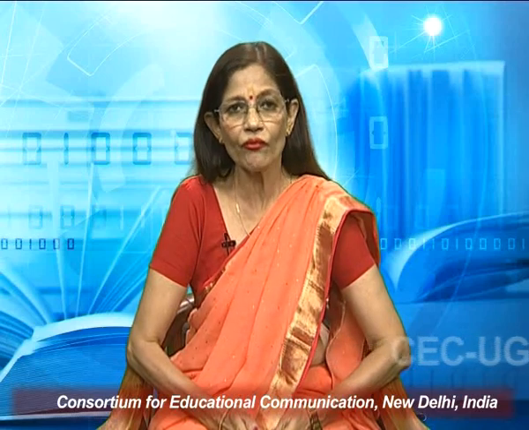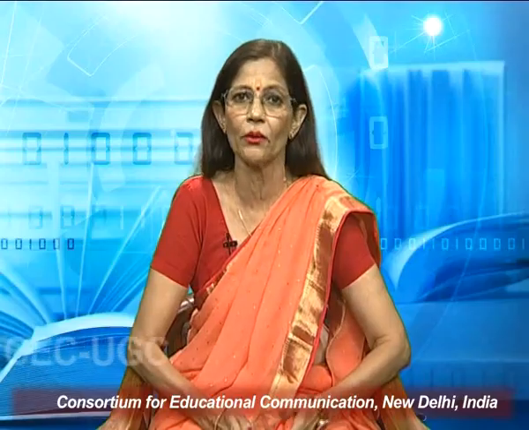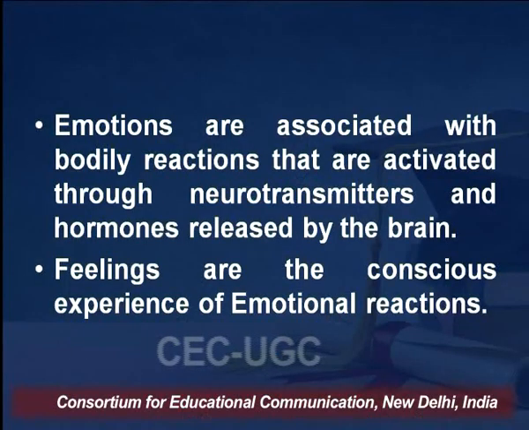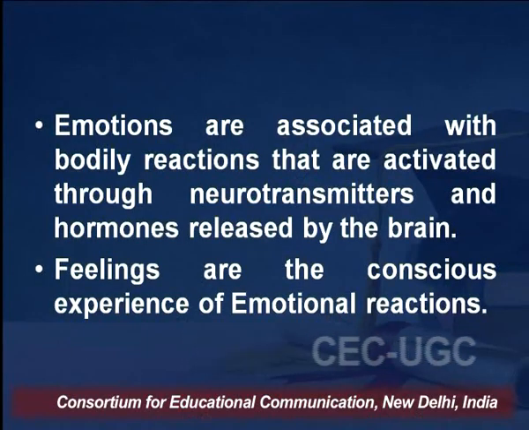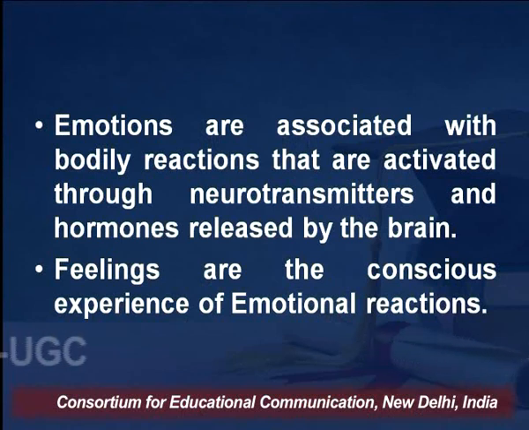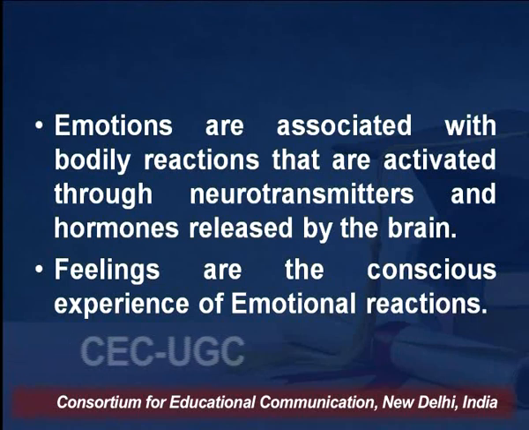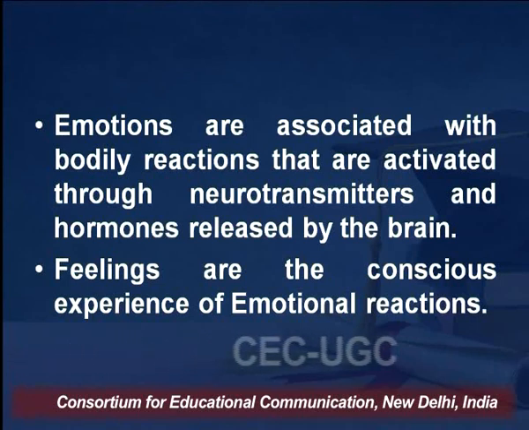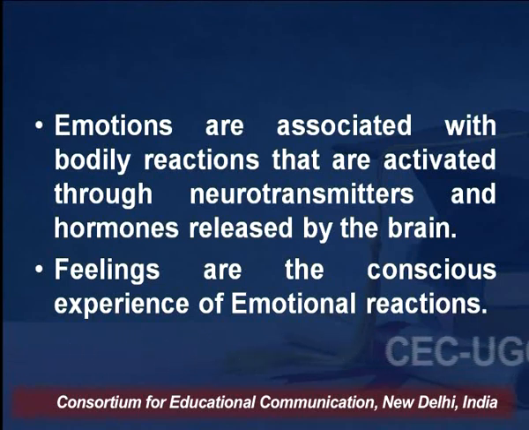How do they occur? And if we try to distinguish between emotions and feelings, emotions are associated with bodily reactions that are activated through neurotransmitters and hormones released by the brain, and feelings are the conscious experience of emotional reactions.